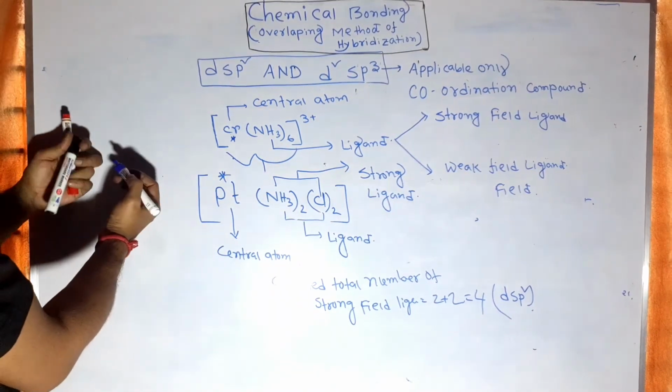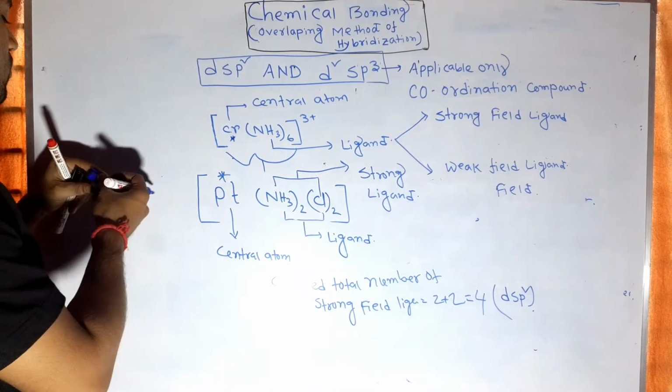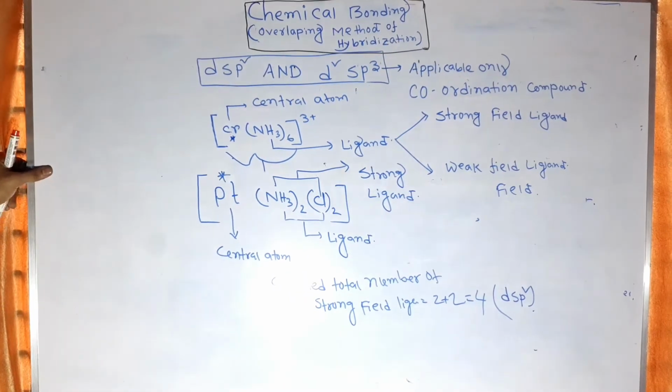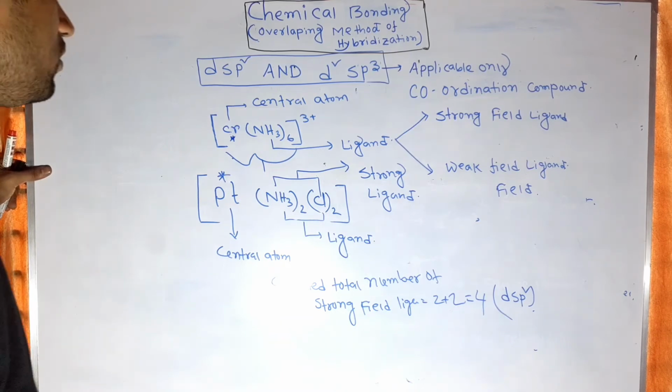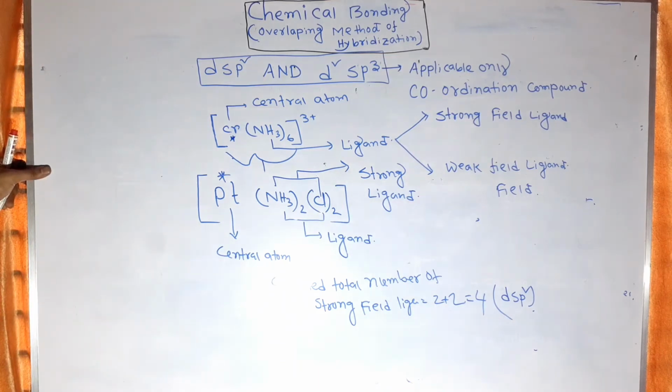This is the short method for MCQ questions. But the process for the board exam for coordination compounds uses their electronic configuration and the pairing of ligand atoms, the ligand molecules or species coordinated with the central atom.